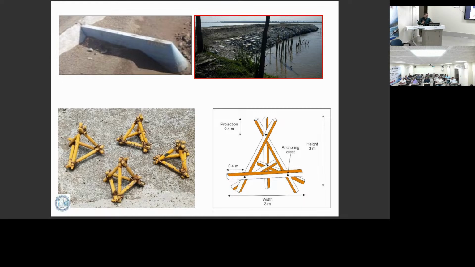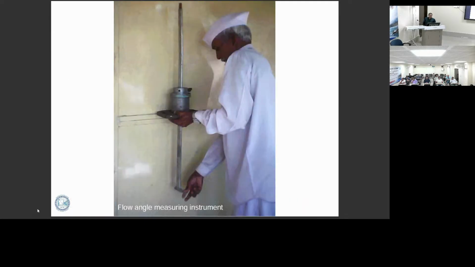Then after calibration, you can test all other things like spurs. You can test spurs, porcupines also. These days we are testing porcupines also in the model. There is also a flow measuring angle device. It is generally not available in all models.